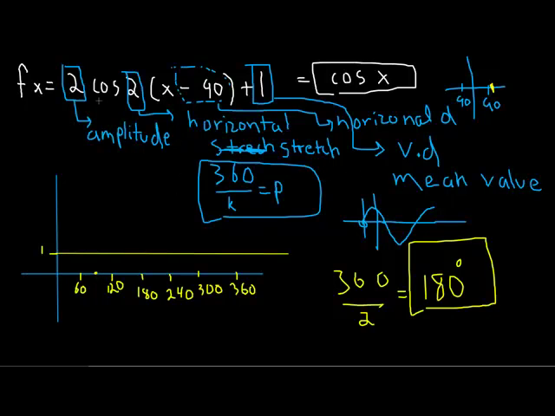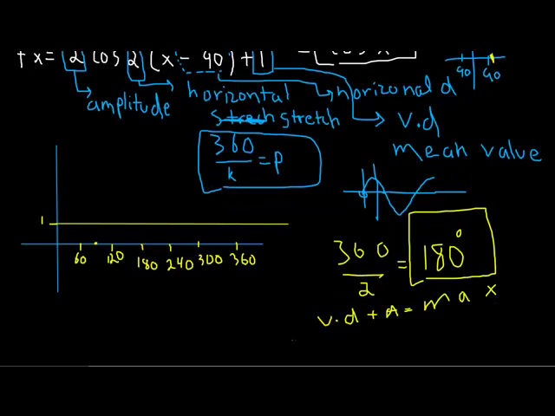And we know we're doing a cosine graph, and that our maximum value is the vertical displacement, VD, plus the amplitude, A. And our min value is just VD take away the amplitude.